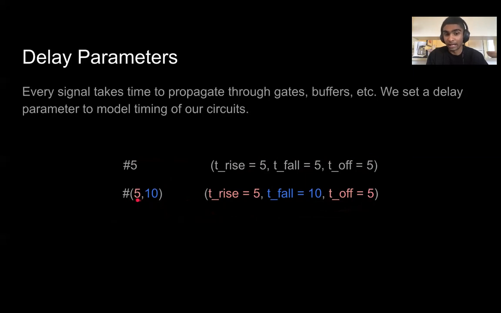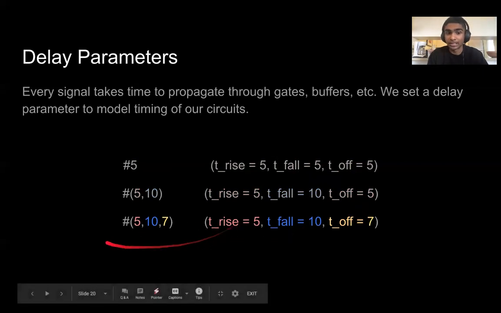So in this case, 5 is a smaller value, so the time to turn off automatically set itself to 5 time units. Well, if you want to get even more granular, you can have 3 numbers inside your parentheses, and those will map directly. So the first one is time for rising edge, time for falling edge, and the last one is time for the device to turn off.